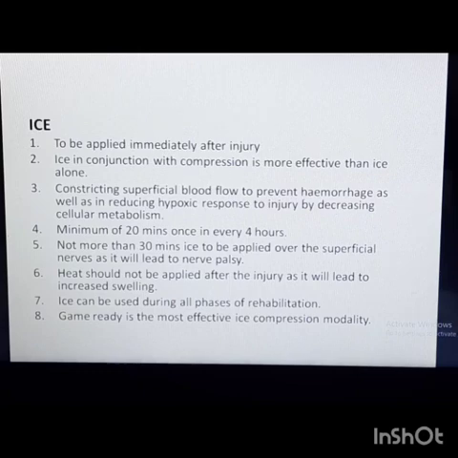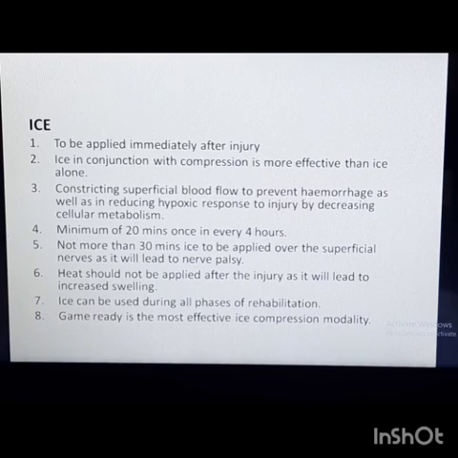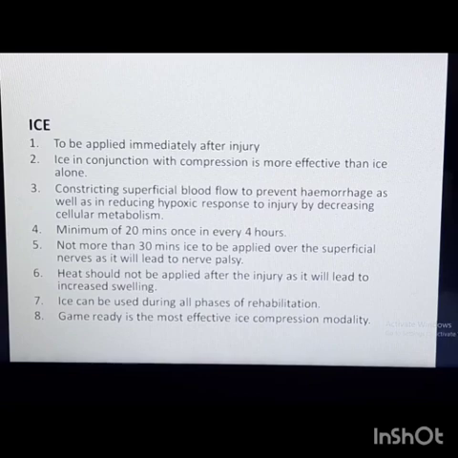That's the worst thing I have seen. That's the reason I am saying heat should not be applied after the injury, because in an acute injury there is a local increase in temperature, and if you add more, it will lead to a further increase in temperature and increased inflammation, and eventually swelling will also increase. So heat application is not at all an option, not at all to be considered.